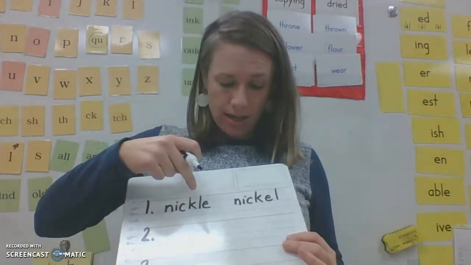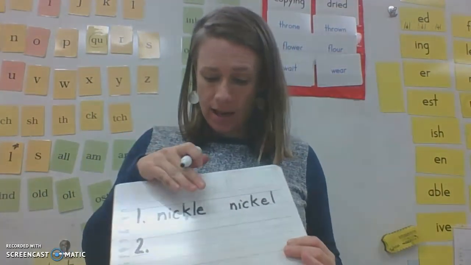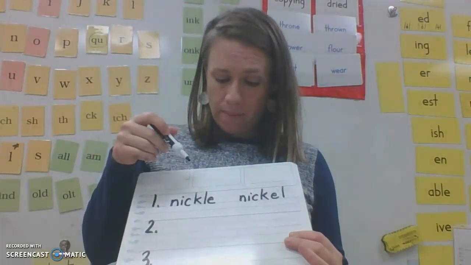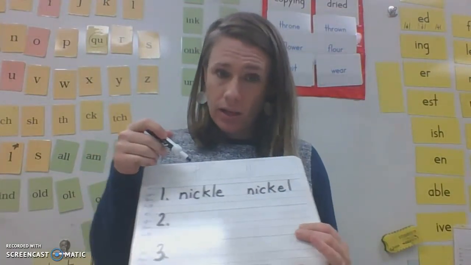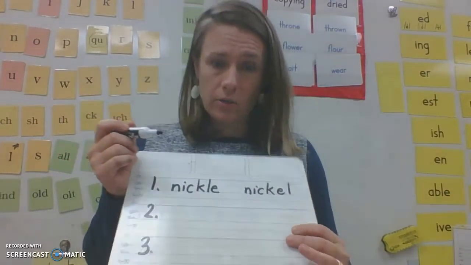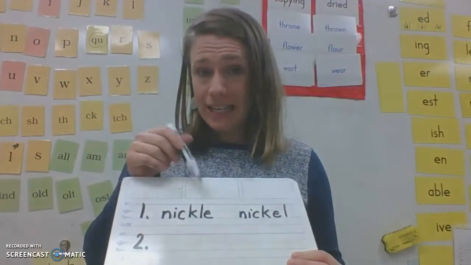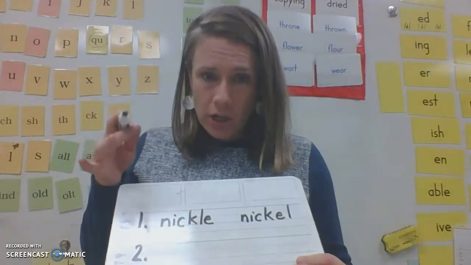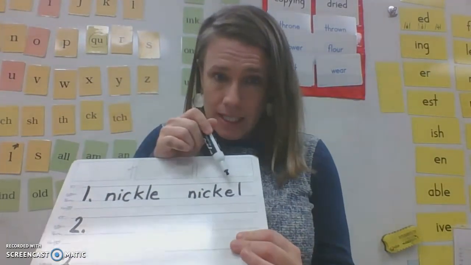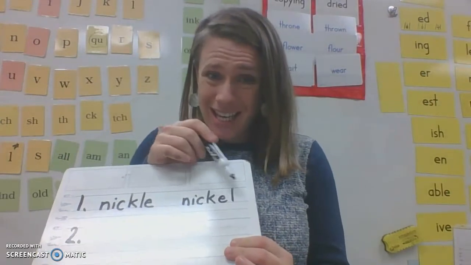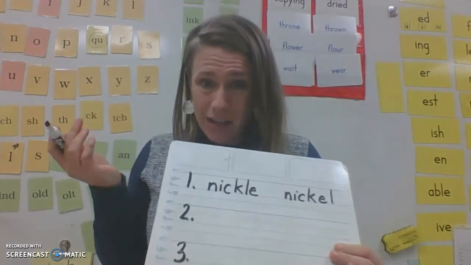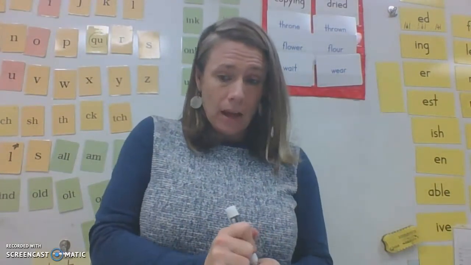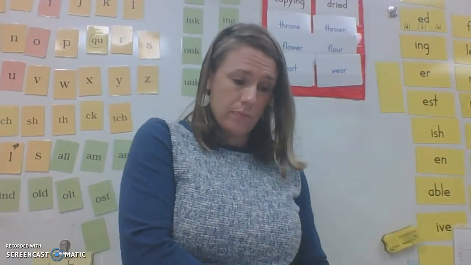I know that Nick is N-I-C-K, K because it's at the end of the syllable. But actually, K could be considered part of the second syllable too. Nickel, nickel. But I'm not sure. Is it a schwa, where we just don't really hear the E and it's EL, or is it consonant LE? So you should be writing them both ways, unless you know for sure.